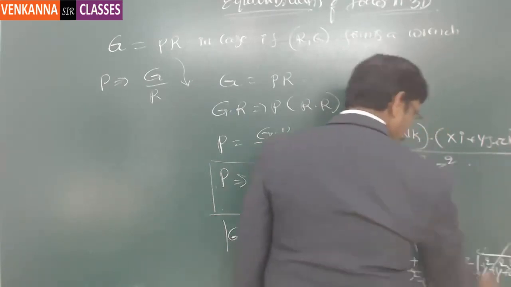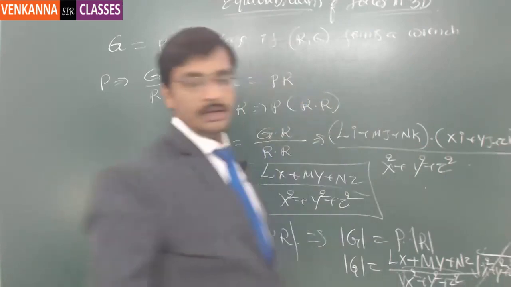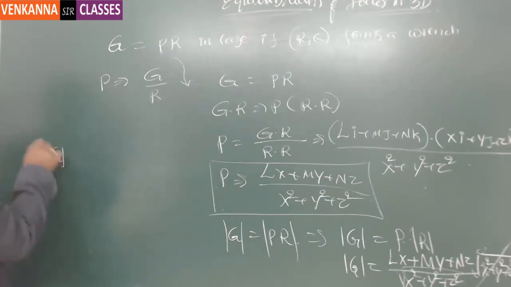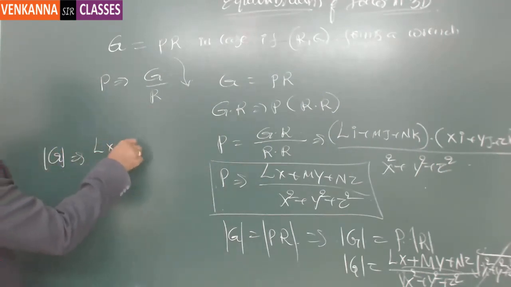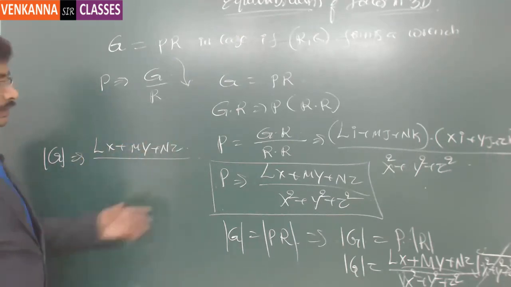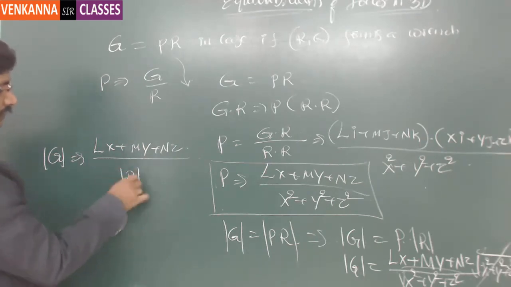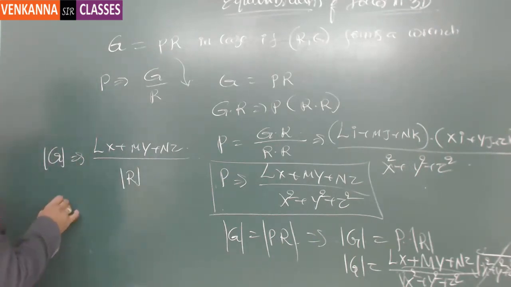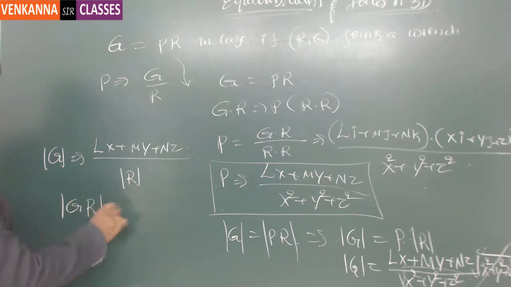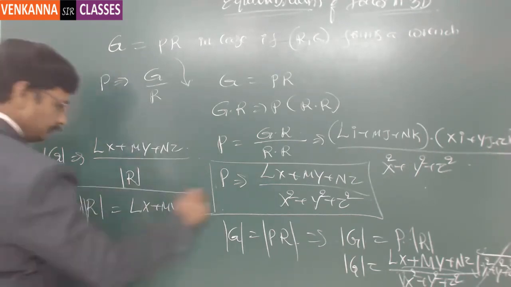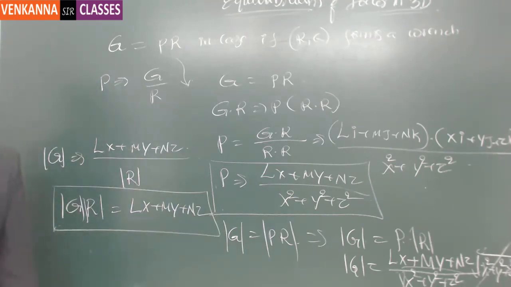So this cancels against the denominator, and you can express this as mod G equal to Lx plus My plus Nz divided by the square root of X square plus Y square plus Z square, which is nothing but mod R. If you take it to the other side, mod G into mod R is equal to Lx plus My plus Nz. Got it? So this is the other relation.